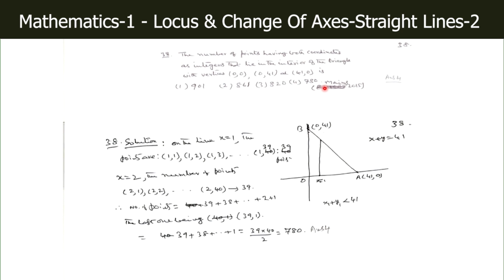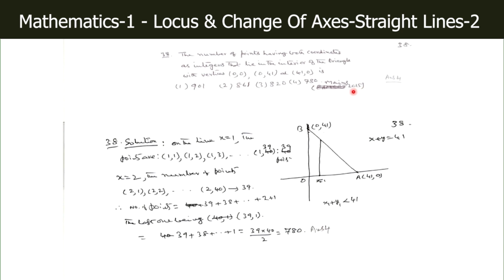Next, the number of points having both coordinates as integers that lie in the interior of the triangle with vertices 0, 0, 0, 41 and 41, 0 is option 1: 901, 2: 861, 3: 820, 4: 780.